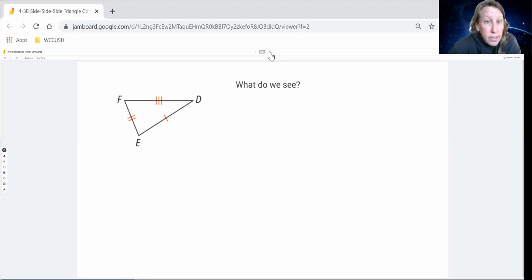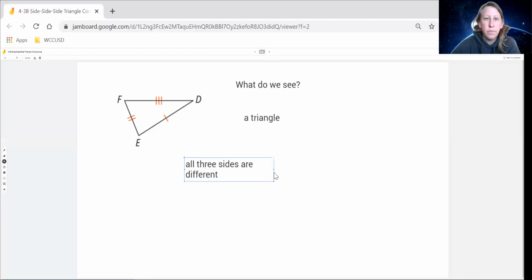So what do we see in this picture? I see a triangle. What kind of triangle? Can we name the triangle? What else do you see? All three sides are different. What else do we see? What's it called when all three sides are different?